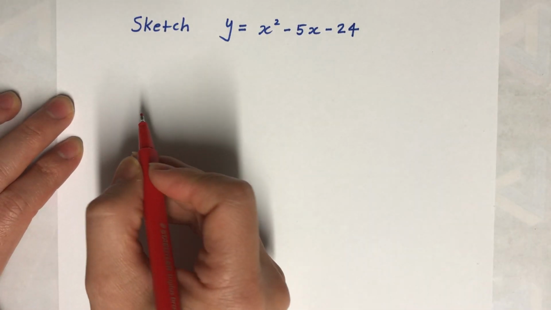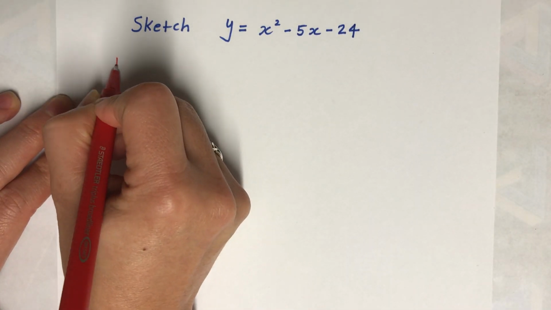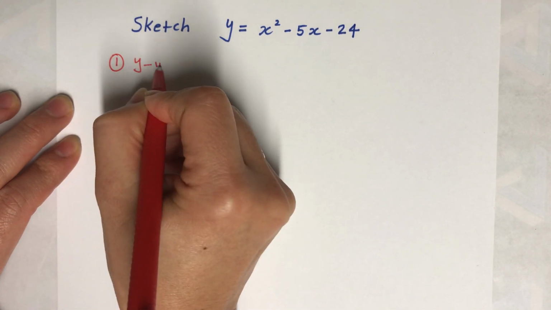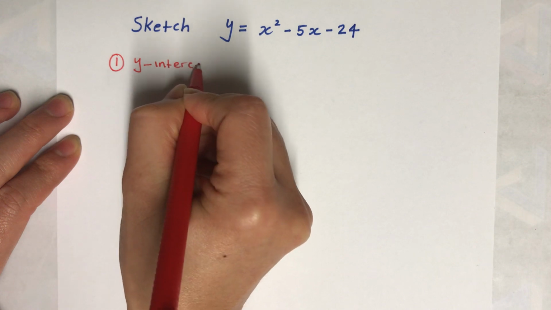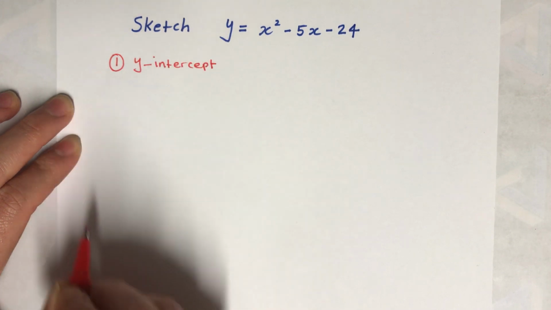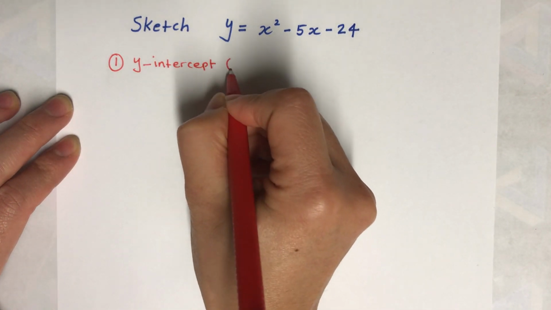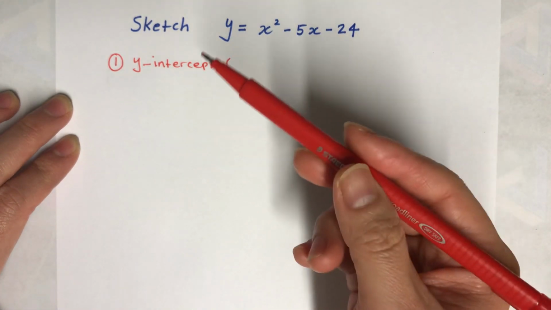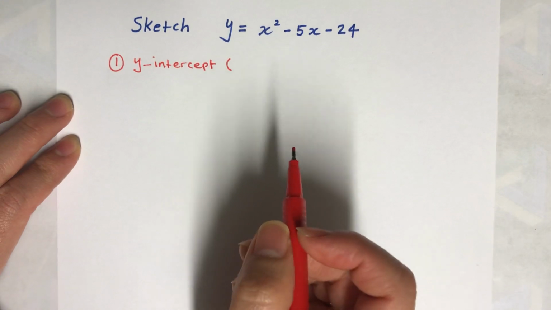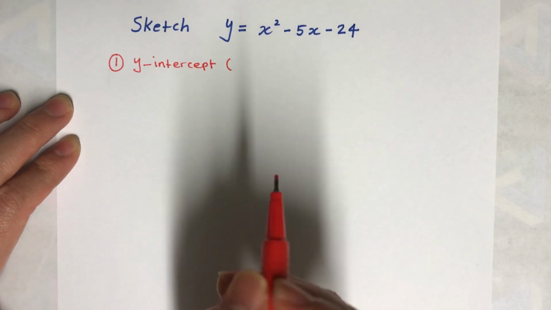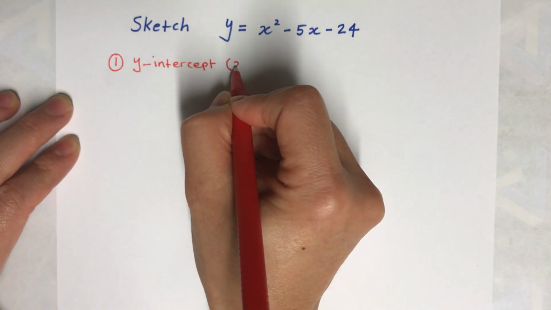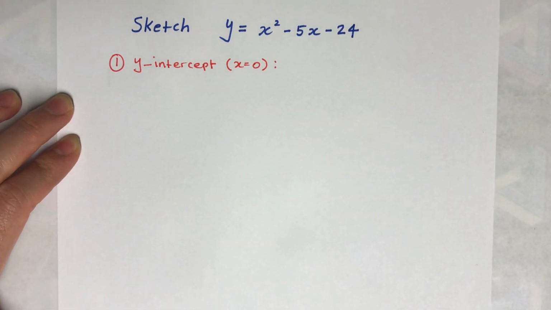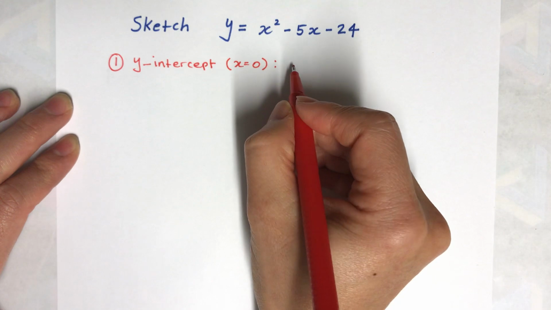First things first, I'm going to put number 1, y-intercept. The y-intercept is the point on the y-axis. Now think about y-axis points: every x coordinate will be 0 there. So think of that as soon as you see this.